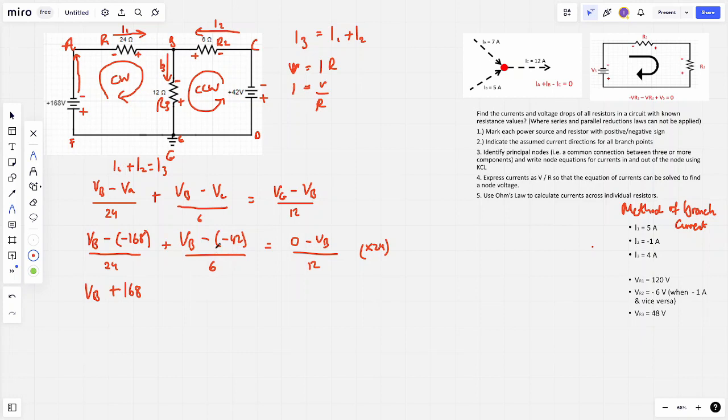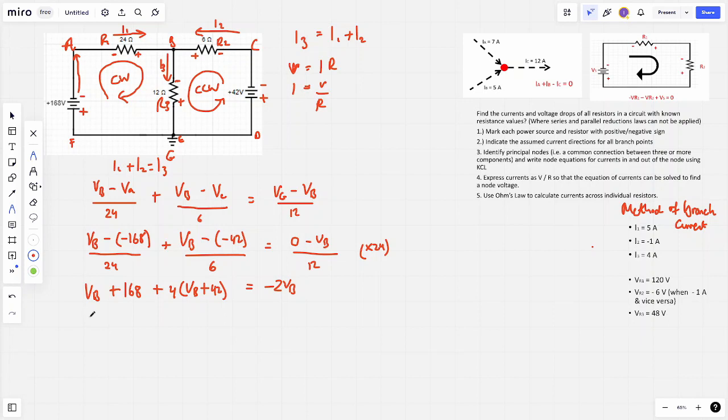Now multiplying by 24, this bracket, VB plus 42, will be times by 4, so that's plus 4 lots of VB plus 42 is equal to 2 lots of negative VB, as that's been multiplied by 24.